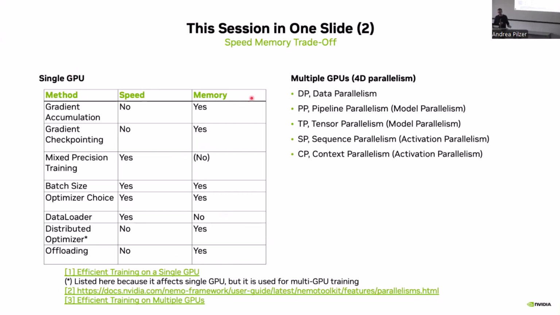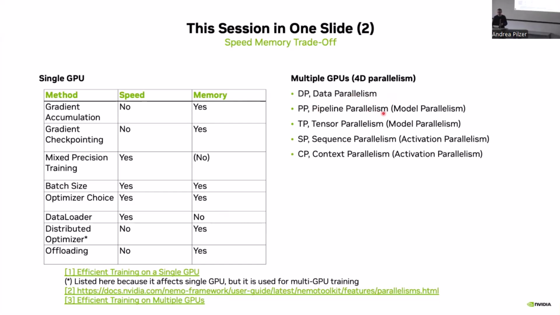And these are things that you can do even if you use just one GPU. Then when you move to multiple GPUs, there is a ton of parallelization techniques that you can use, starting from data parallelism, which means that your model fits in one GPU, and you can just replicate it and run the training that way.